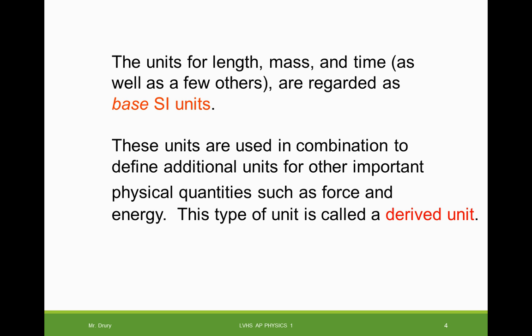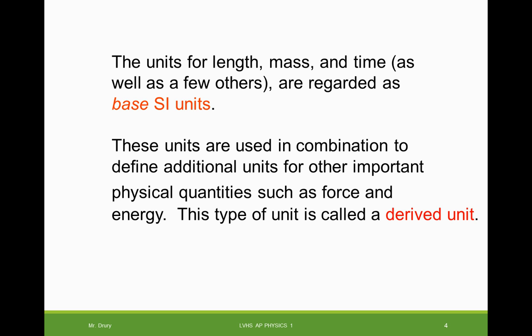All right, so mass, length, and time are all what's called base units. Base units mean that you can't get simpler than that. For example, the length between two points, you can't get simpler than that. The duration of an event, like time, you can't get simpler than that. But if you use these together, you get what's called a derived unit.